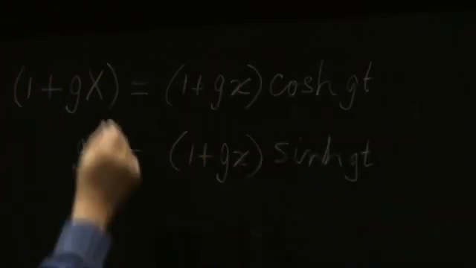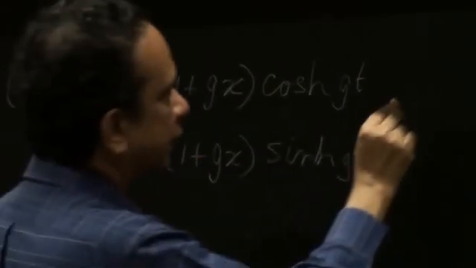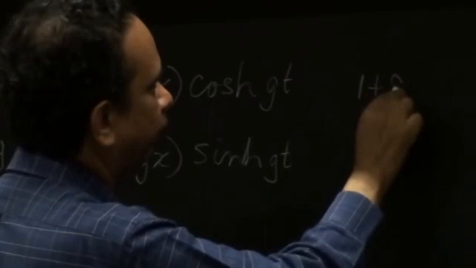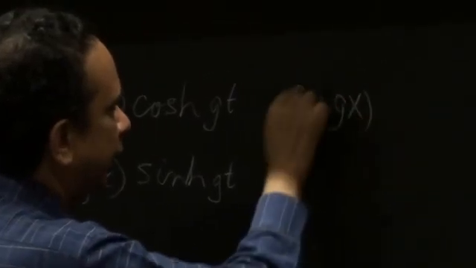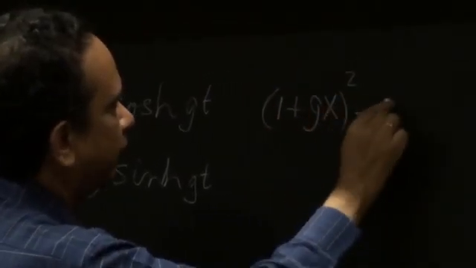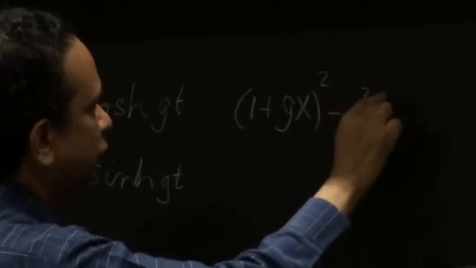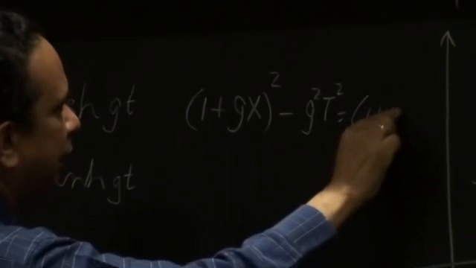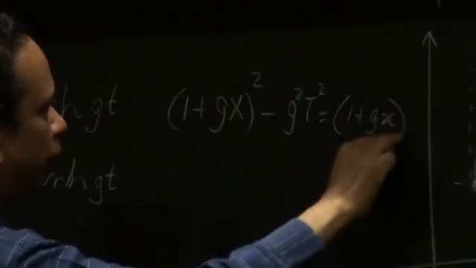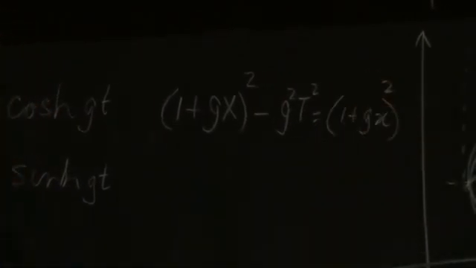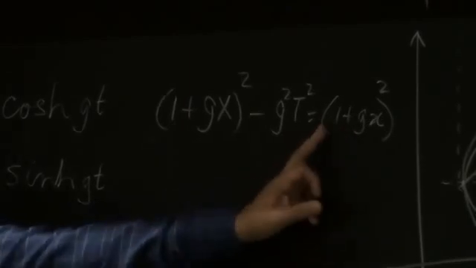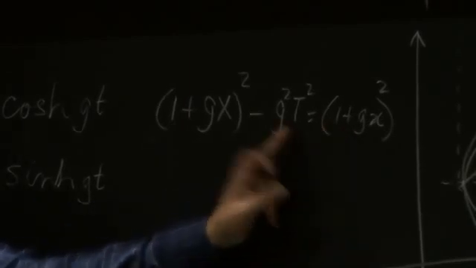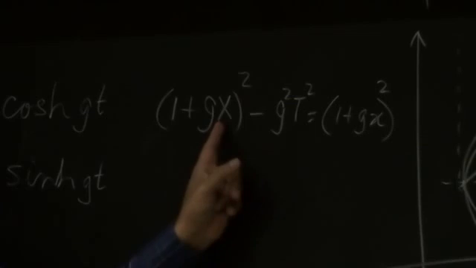And the trajectory of the charge arising out of these two is (1 plus gX) the whole square minus g square T square is (1 plus g small x) the whole square. So if small x is equal to 0 and this is 1, at t is equal to 0, X is also equal to 0.